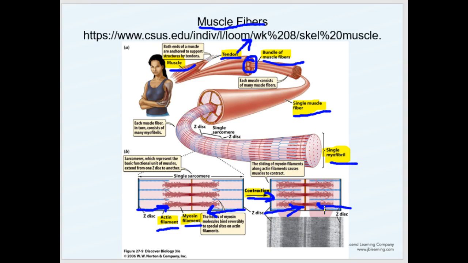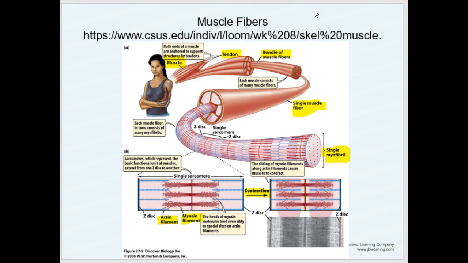If you imagine millions of these actin and myosin filaments in the muscle, and they all shorten, you'll shorten the muscle. Once you're done with that movement, they relax, and those little cross hinges from myosin will allow the actin to slide back out. Okay, so that is the very basics of how muscles contract.